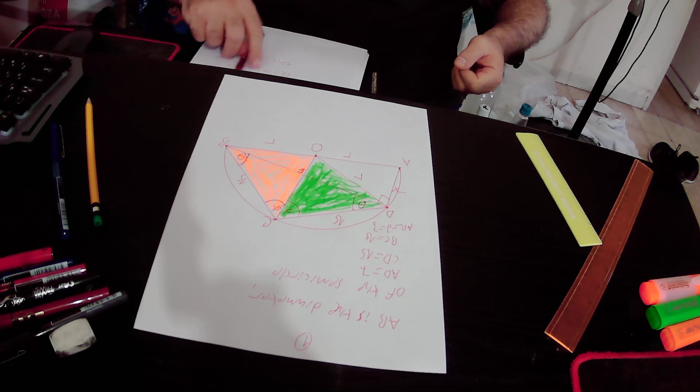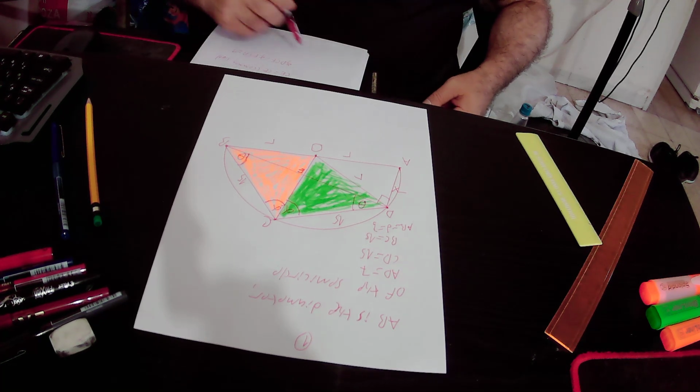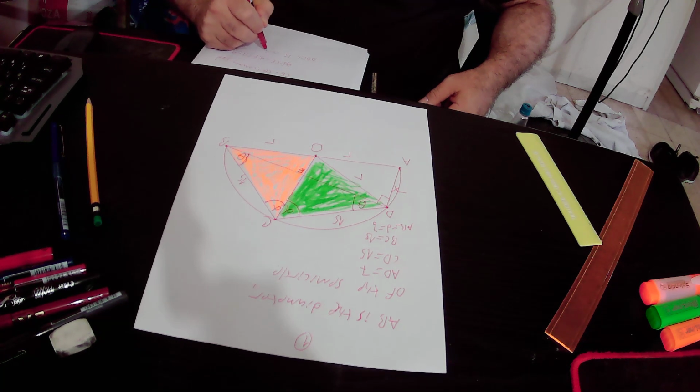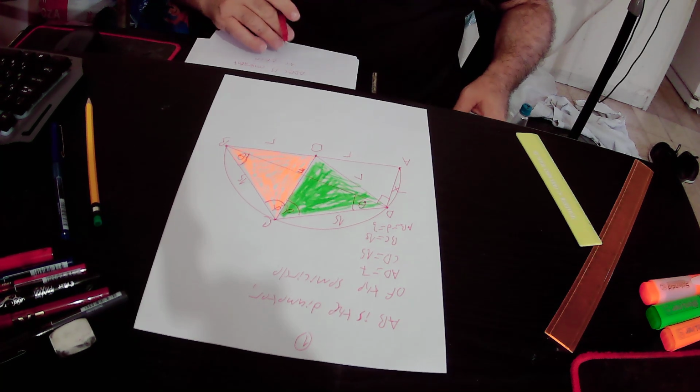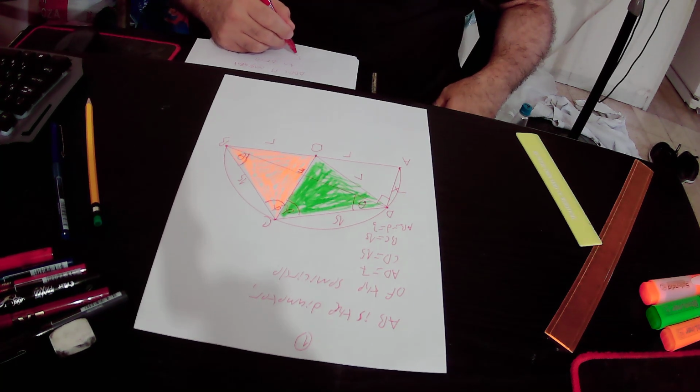Therefore, the green triangle, triangle DEC, is congruent to triangle ECB according to side angle side rule.